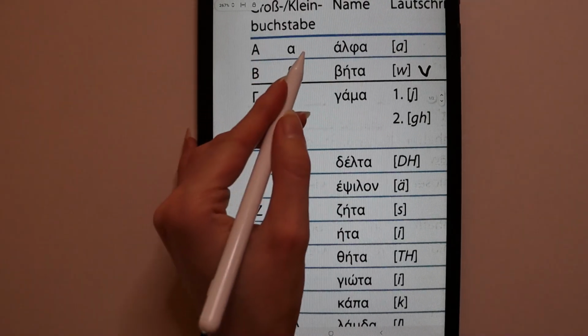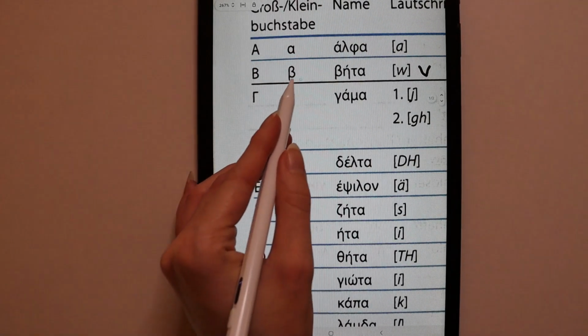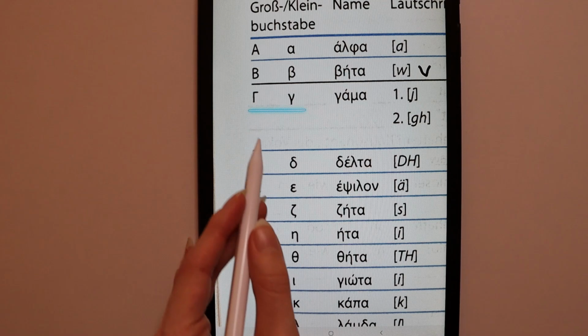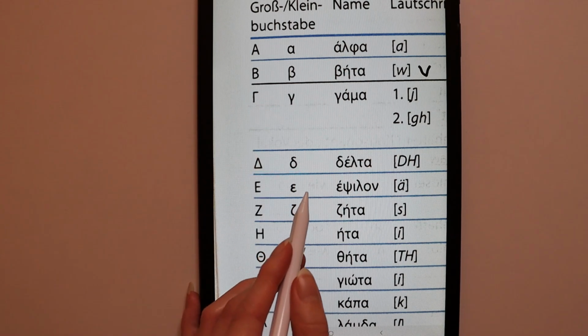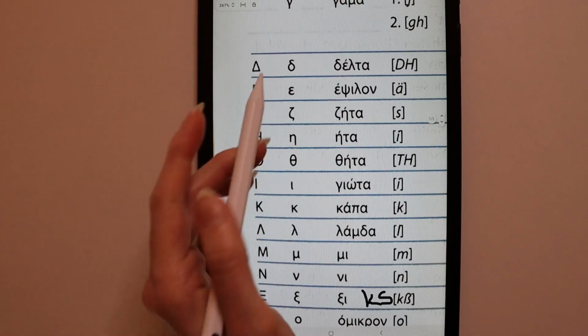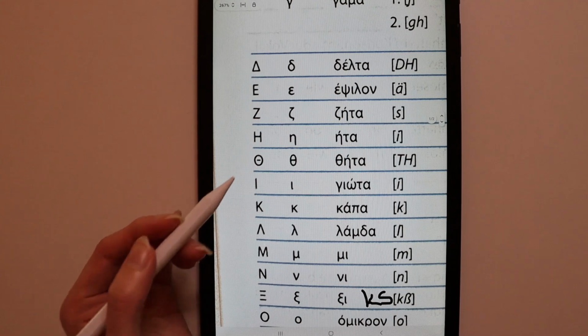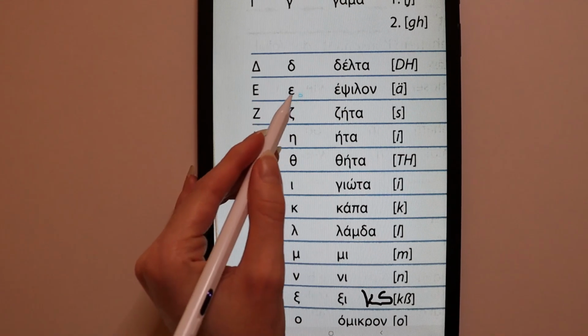So alpha, beta, gamma, delta, epsilon. So epsilon, not epsilon. Epsilon is another one, but epsilon.